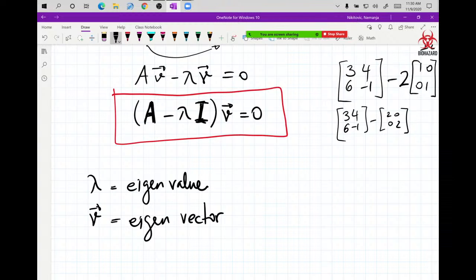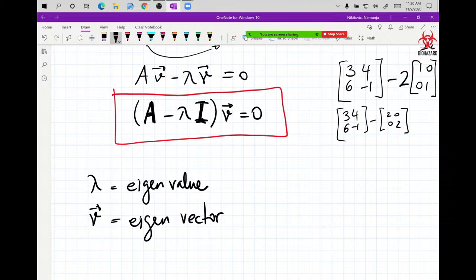So we have to start with understanding what eigenvector and eigenvalue are. Now, an eigenvector would be a vector that stays unchanged under a transformation. Now, vectors can be anything.